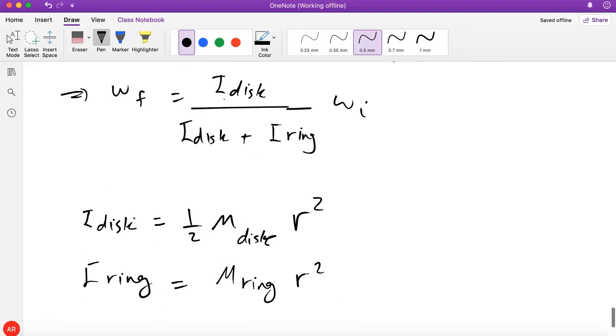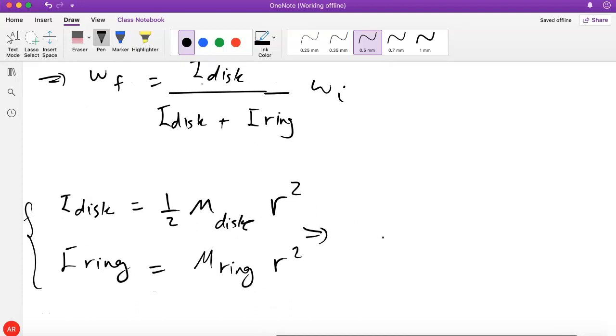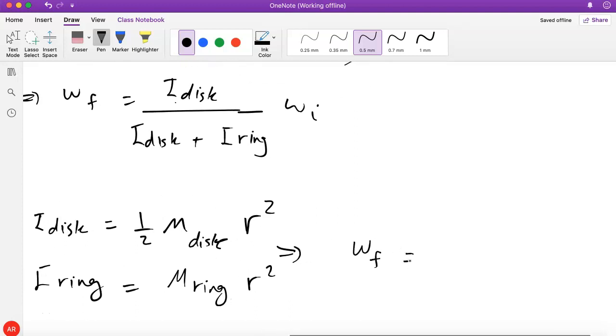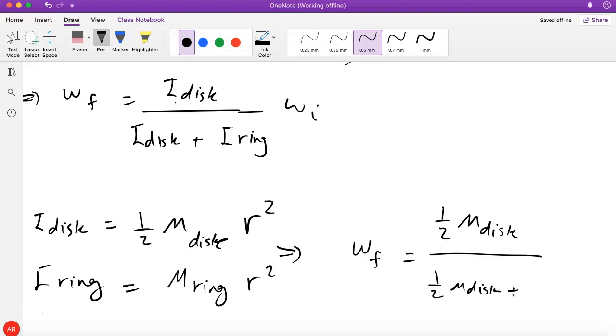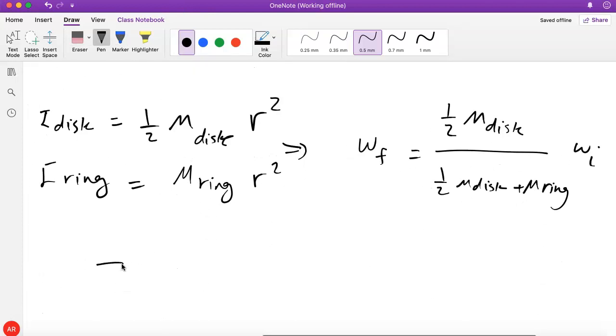So plug these into our equation above. We find omega f, the factors of r squared cancel out. So we get 1/2 m disk over 1/2 m disk plus m ring, times omega I, the initial angular velocity of the disk.